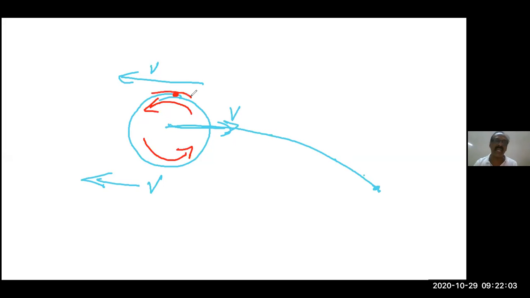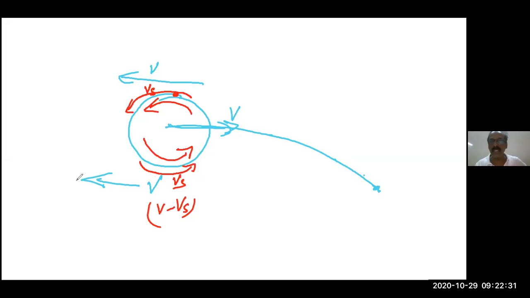So this is the air layer due to the spin, and that's called spin velocity. This time, this velocity and this velocity will be added, and this will be subtracted, because the spin velocity is in the opposite direction. So here it will come V minus Vs.